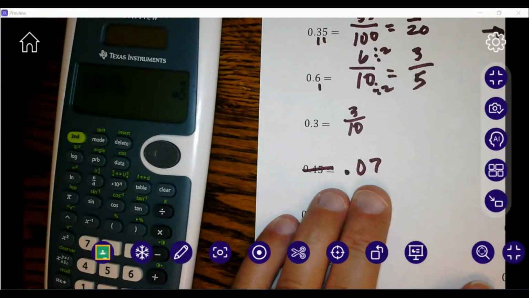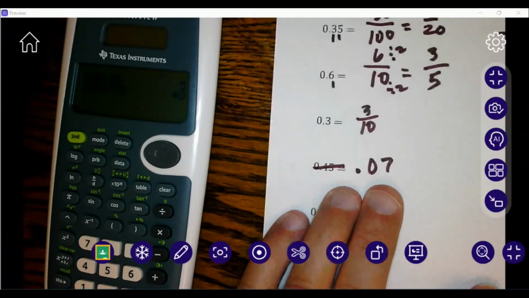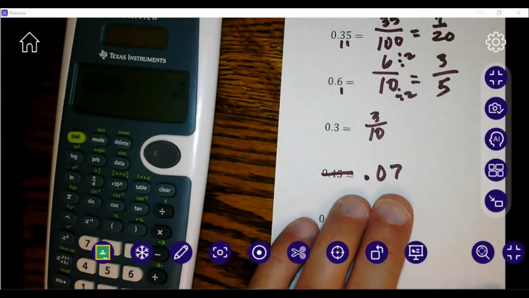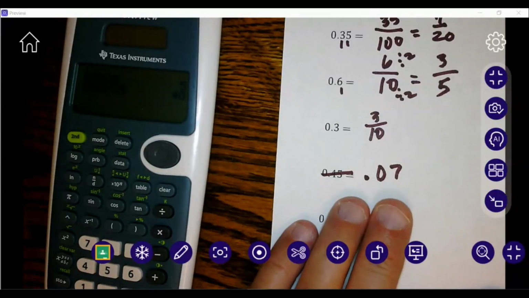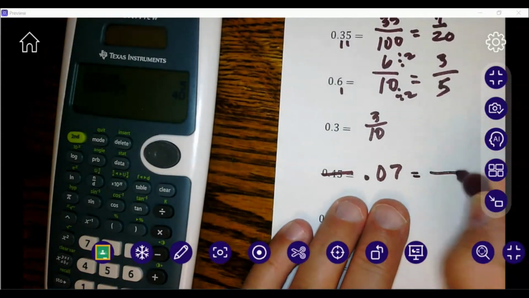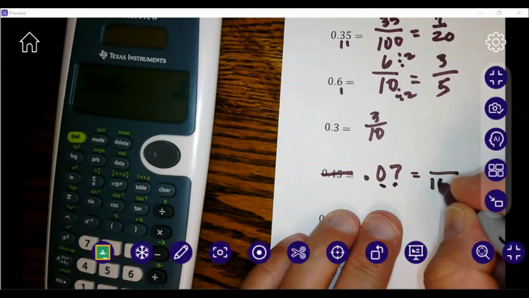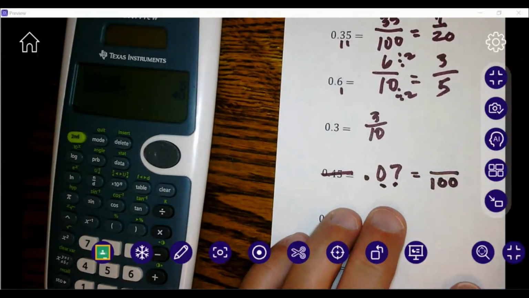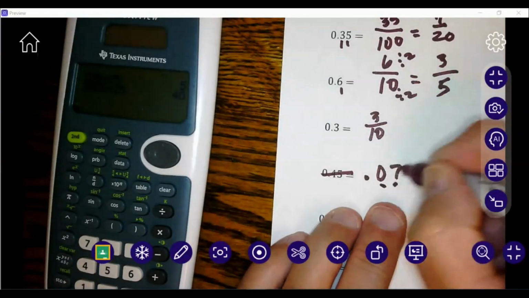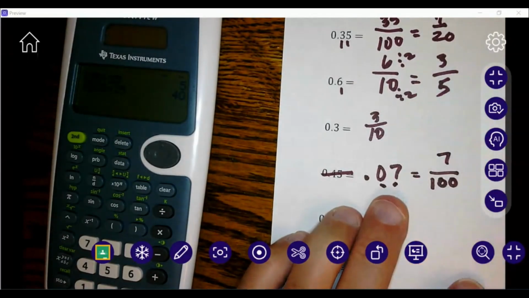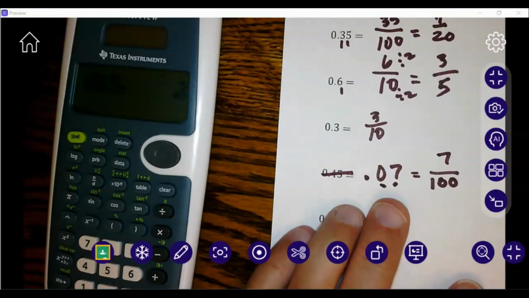Okay, you are correct. We see that there are 2 decimal places, so I have to have 100 in the denominator, and then on the top we just have 7, so it's 7 over 100.